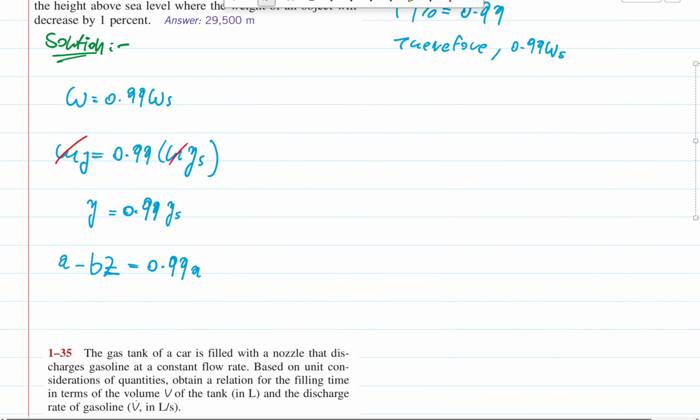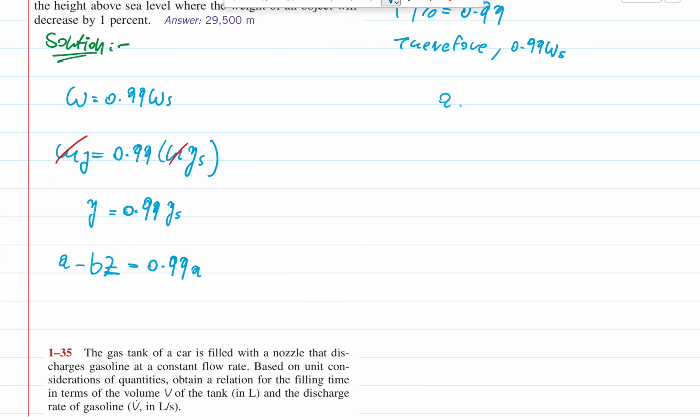All right. So to continue solving this, once we're done with that, we'll just move this to the other side and this to the other side, which is going to give us the equation of A minus 0.99 A equals BZ.